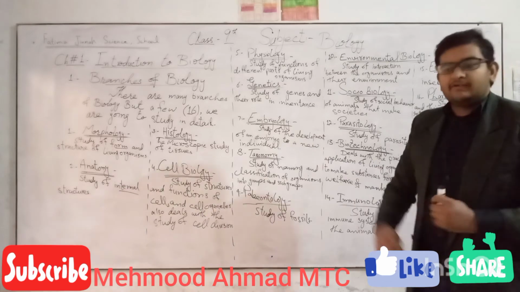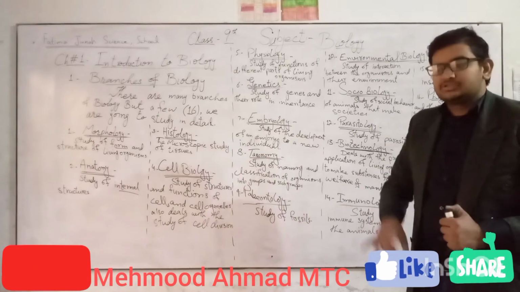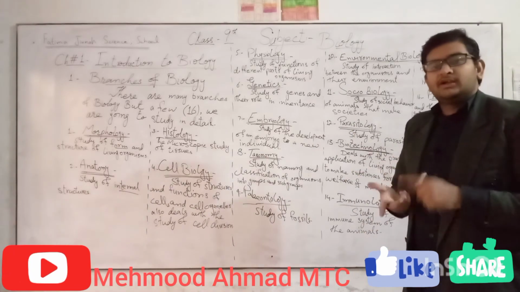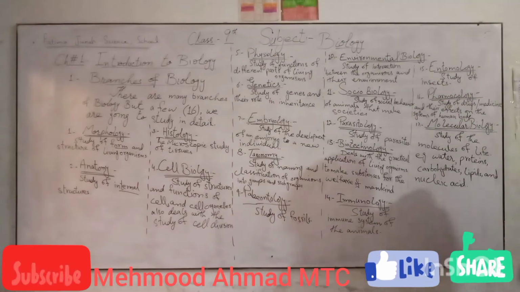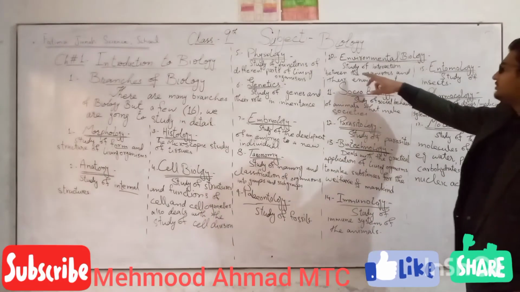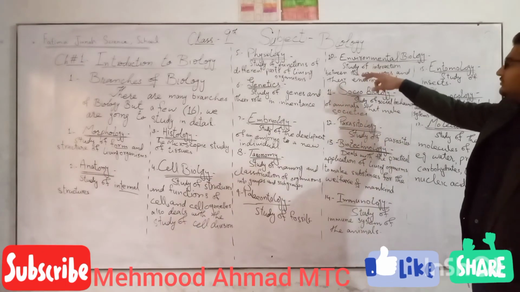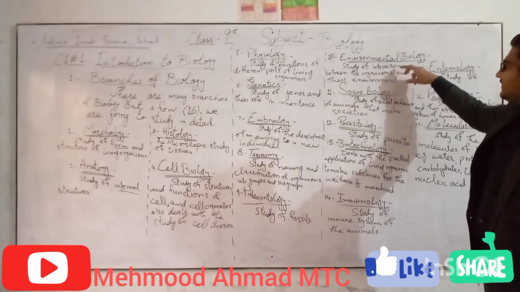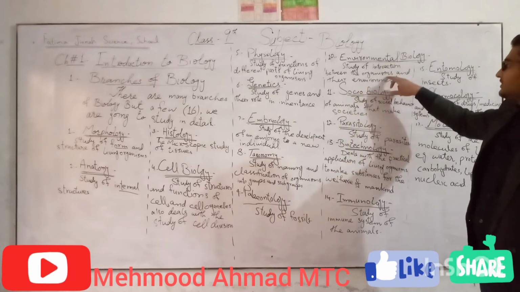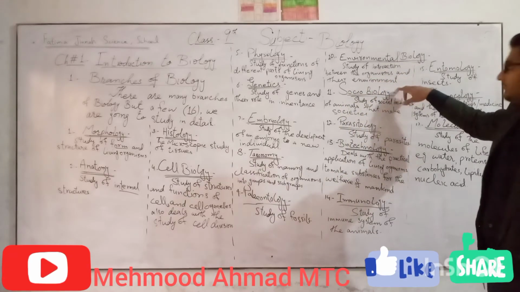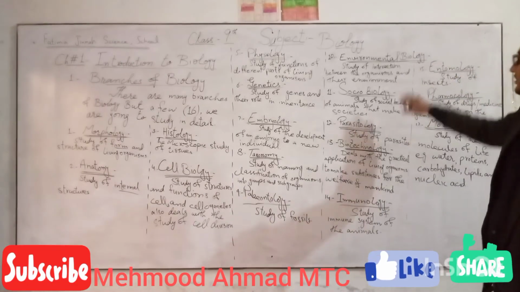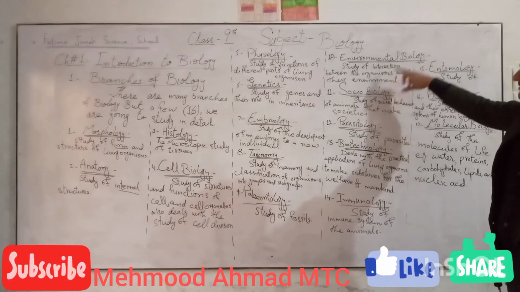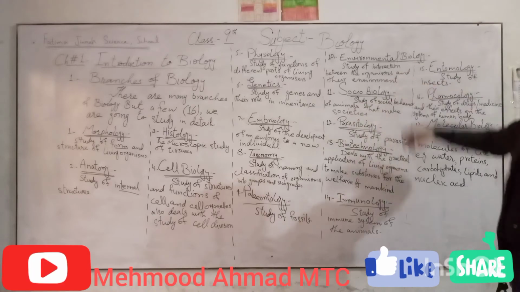In living we have other organisms, and in non-living we have air, water, fire, soil, etc. We have elements, weather. So environmental biology is the branch of biology that deals with the study of interaction between the organisms and their environment. So environmental biology leads towards the study of interaction between organism and their environment.